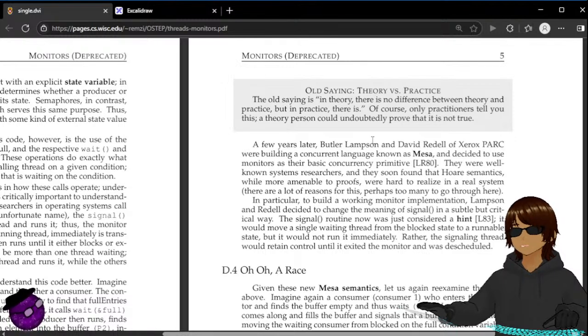A few years later, Butler Lampson and David Redell of Xerox were building a concurrent language known as Mesa and decided to use monitors as their basic concurrency primitive. They were well known systems researchers, and soon they found that Hoare semantics, while more amenable to proofs, were hard to realize in a real system.